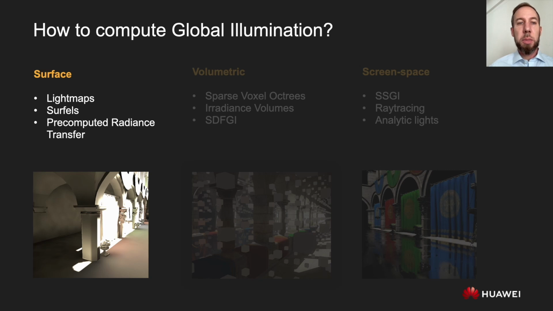Commonly known algorithms here are irradiance caching or virtual point lights. A subclass of these algorithms is pre-computed radiance transfer, which strictly speaking isn't tied to surfaces, but that's where most implementations have been made so far.